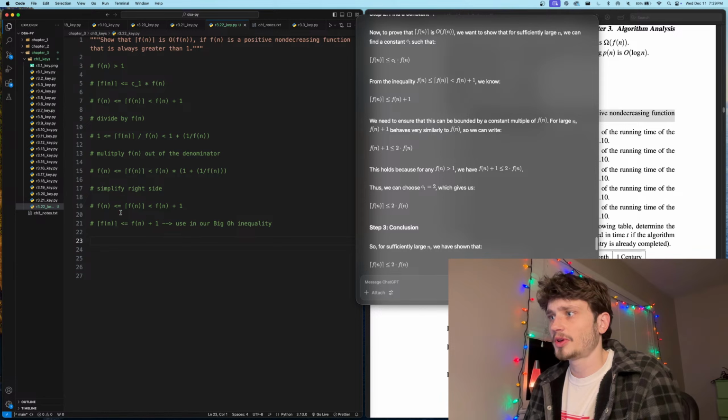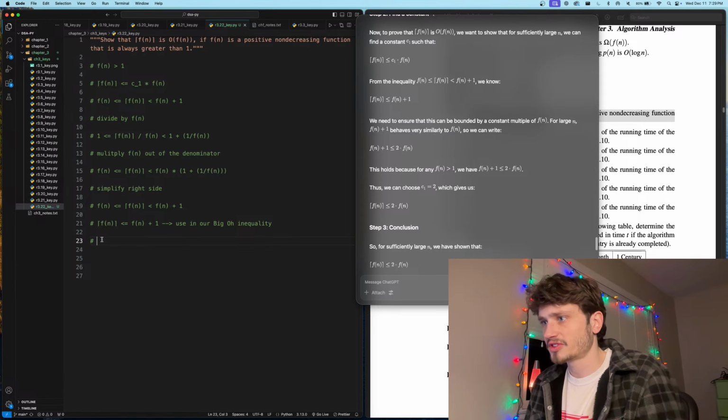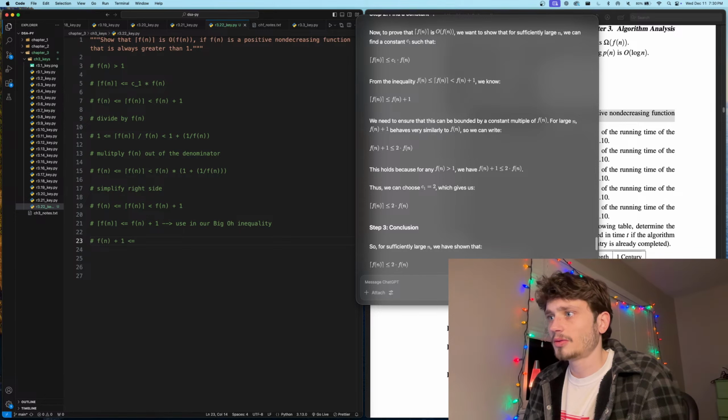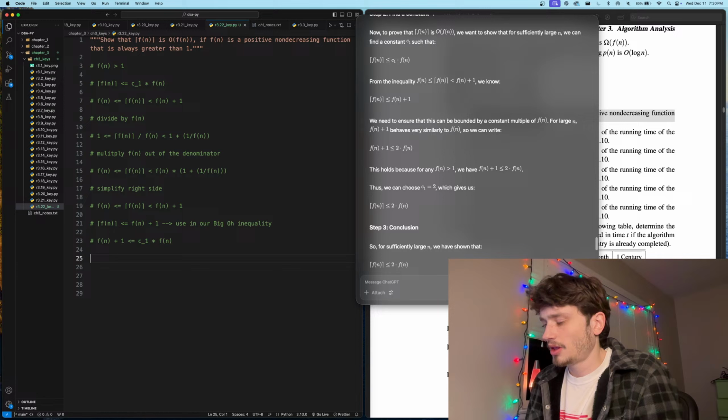So we'll plug this into our big O inequality as this, which resembles f of n for sufficiently large n, is less than or equal to some constant c1 times f of n, right? And then we will say, pick some constant.